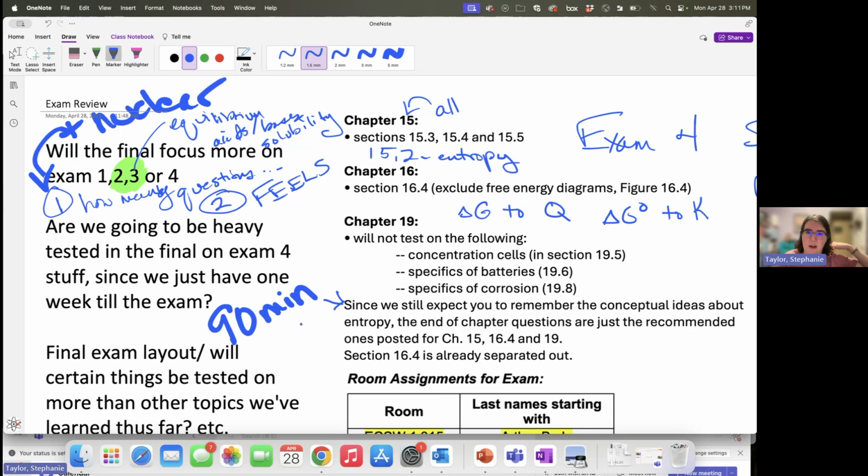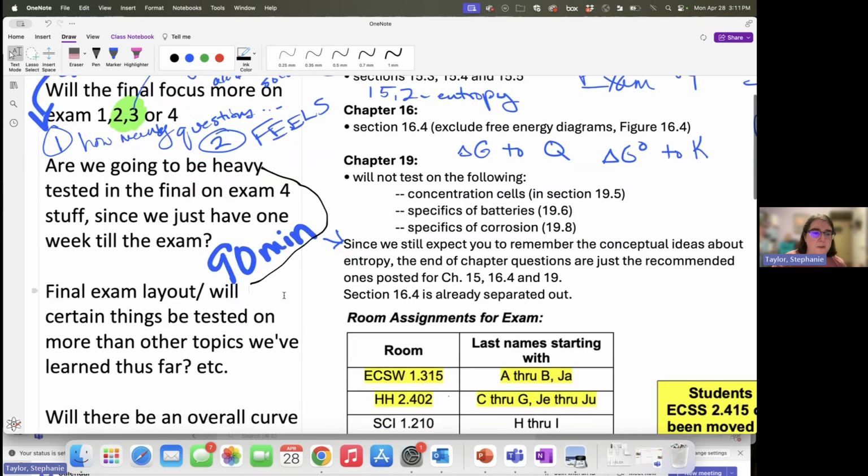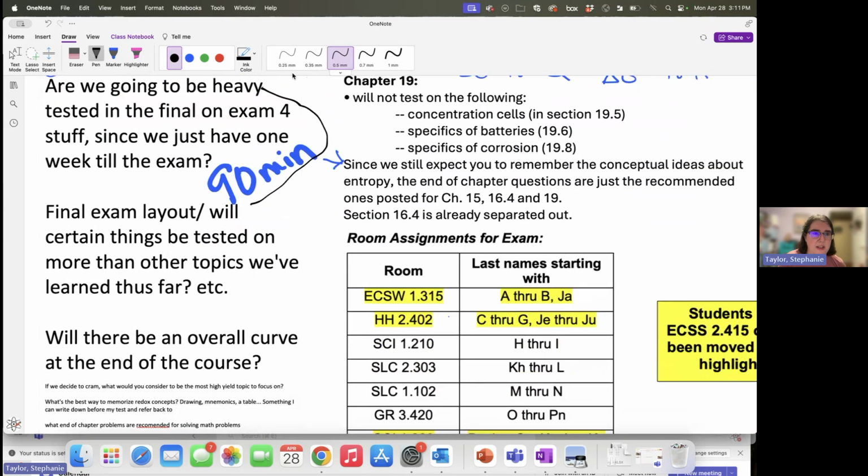We do tell the registrar's office to give us the rooms for 2 hours and 45 minutes. Based on some past experiences, that works better for the team. If you're curious about that, you can talk to me about what that means. But you get 90 minutes for the final. Still 80 minutes for the individual exams.